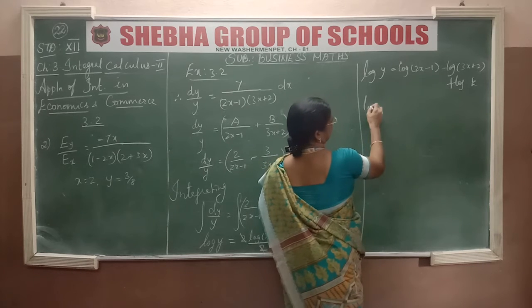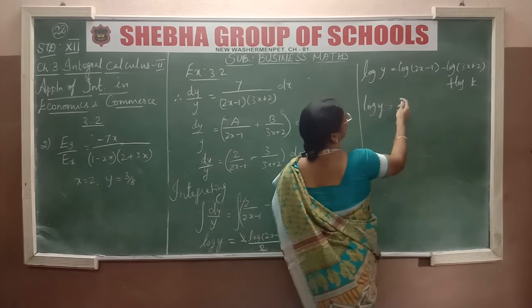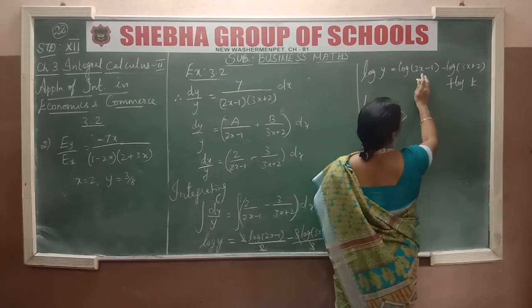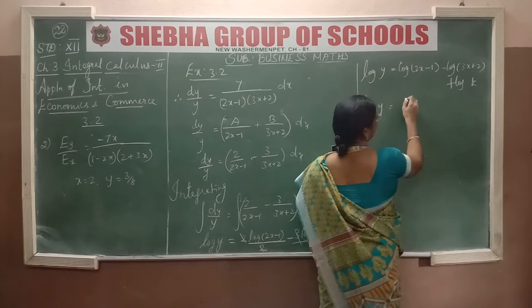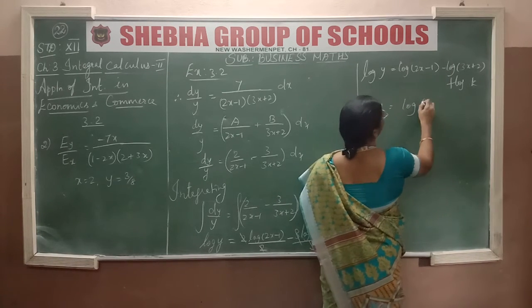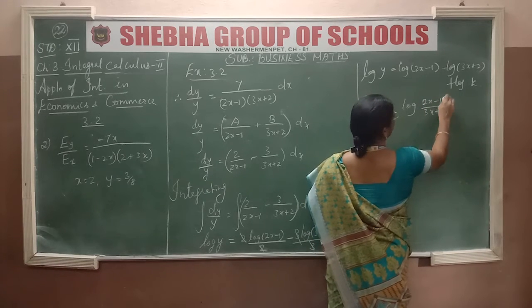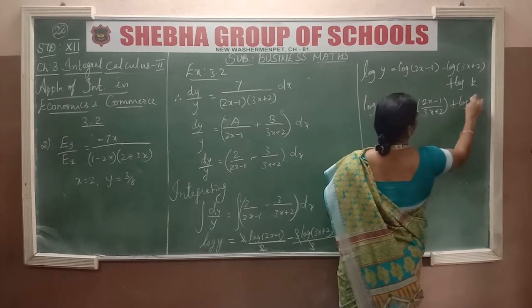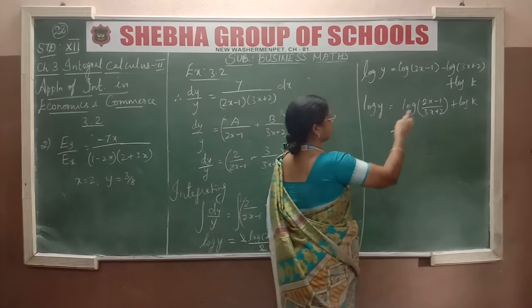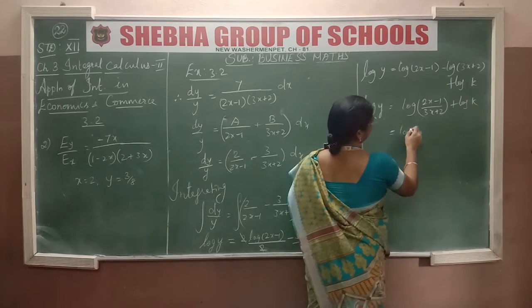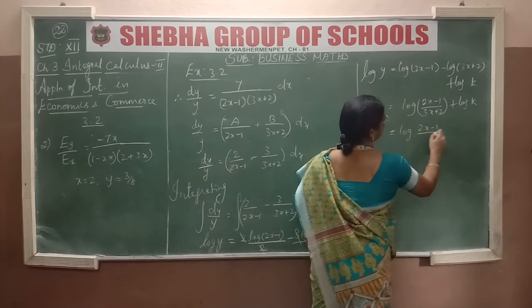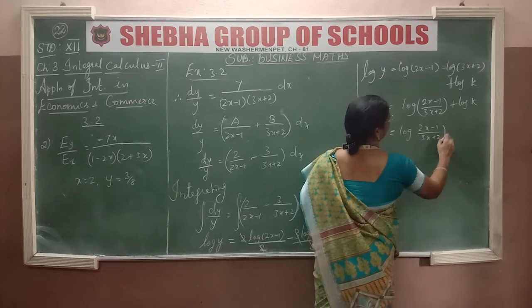Left hand side same, log y. This is log a minus log b, which is log of a by b, plus log k. Now product law in logarithms, log of (2x minus 1) by (3x plus 2) into k.